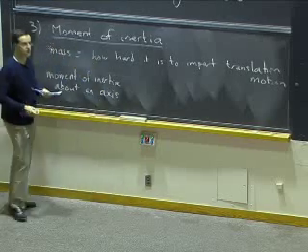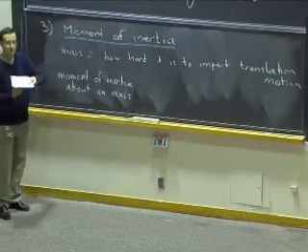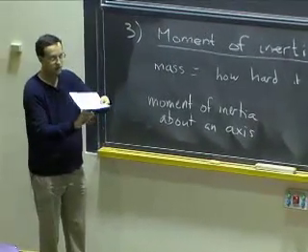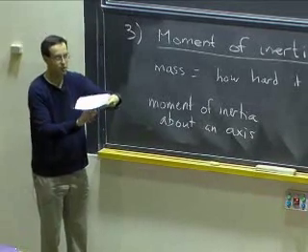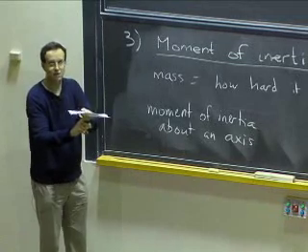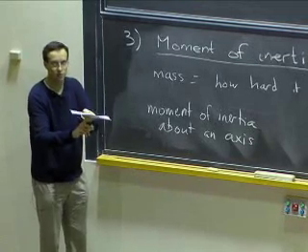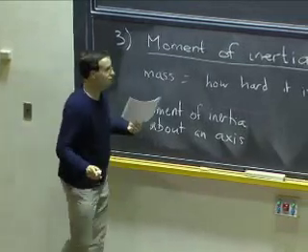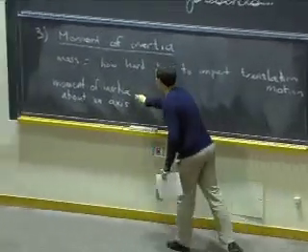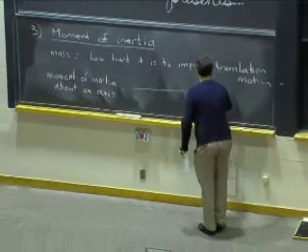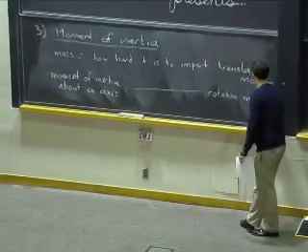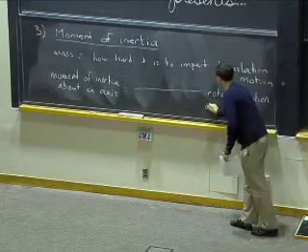So you choose an axis, and then you try to measure how hard it is to spin your object around that axis. For example, I can try to measure how hard it is to spin this sheet of paper about an axis that's in the center of it. So I will try to spin it like that and see how much effort I have to make. Well, for a sheet of paper, not very much. But that would measure the same thing, rotation motion about that axis.